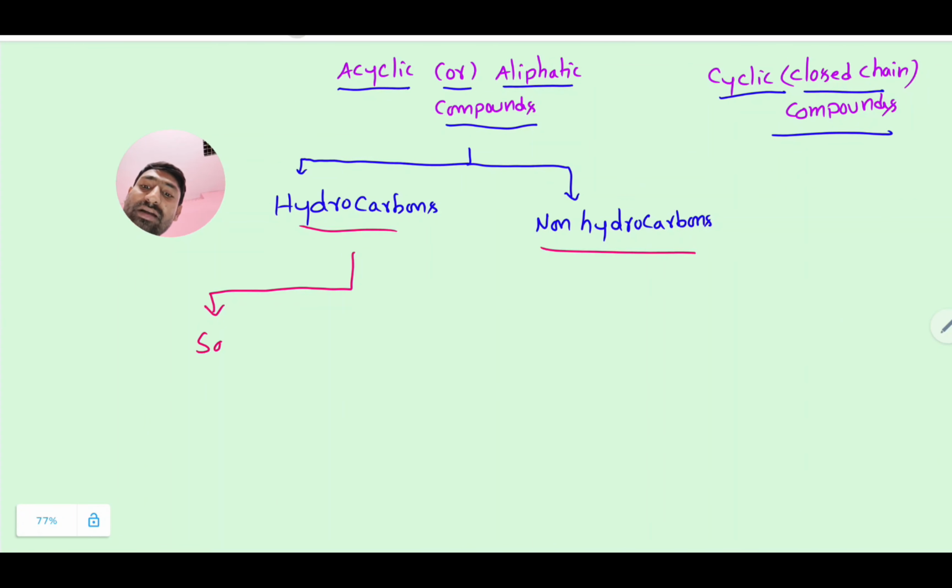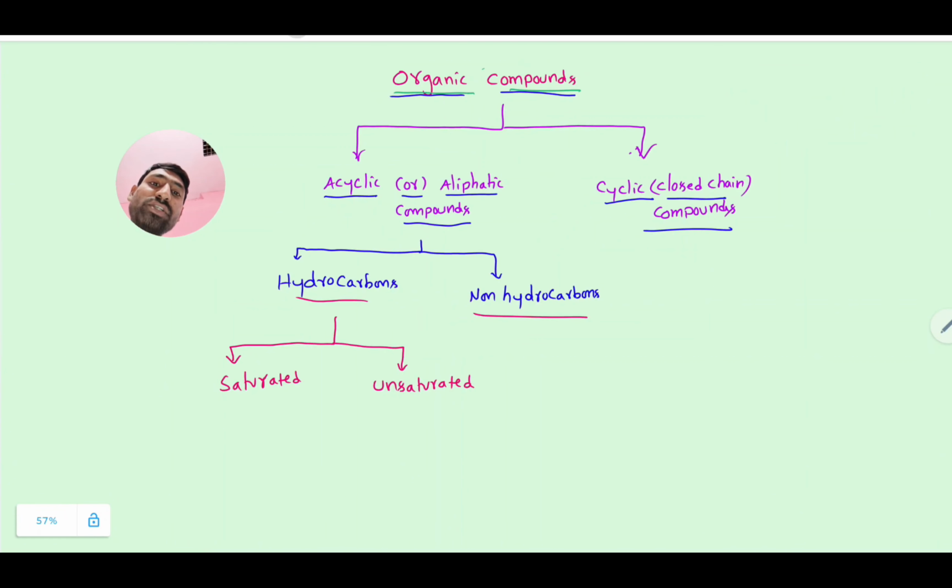They are saturated hydrocarbons and unsaturated hydrocarbons. Organic compounds are divided into two categories, acyclic or aliphatic compounds, and cyclic or closed chain compounds.